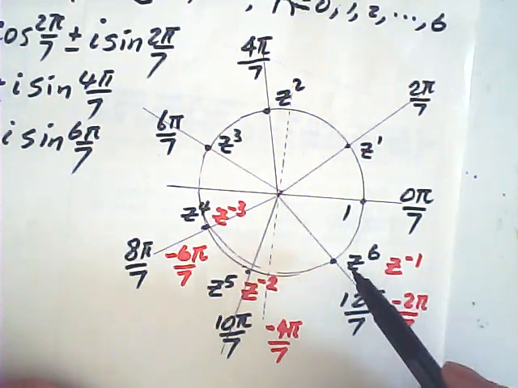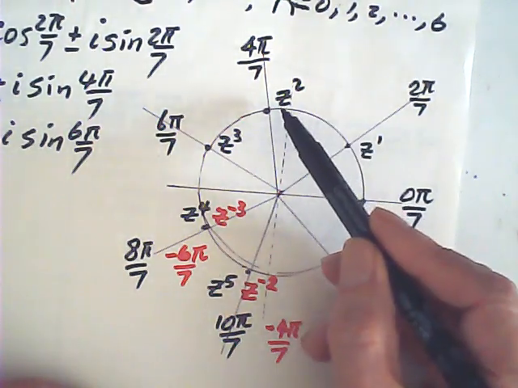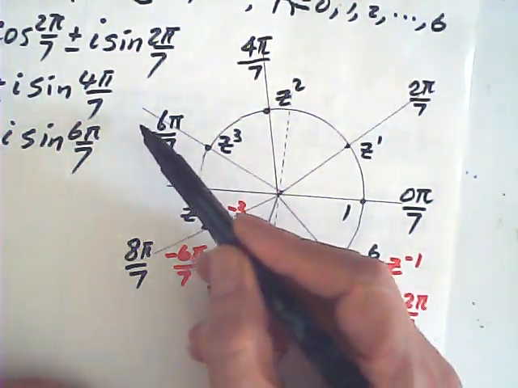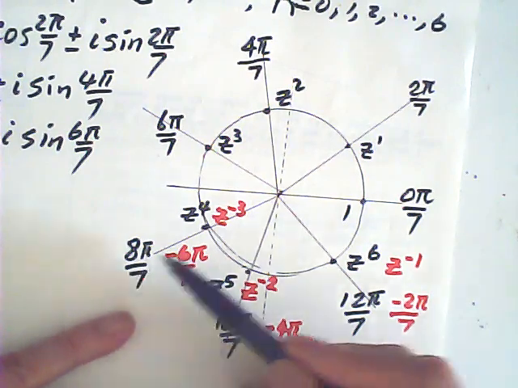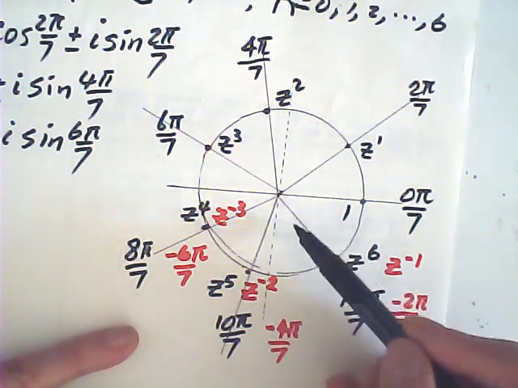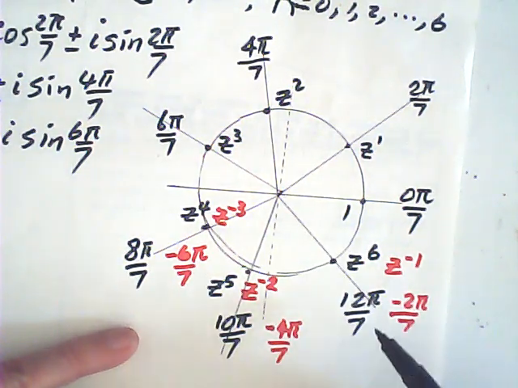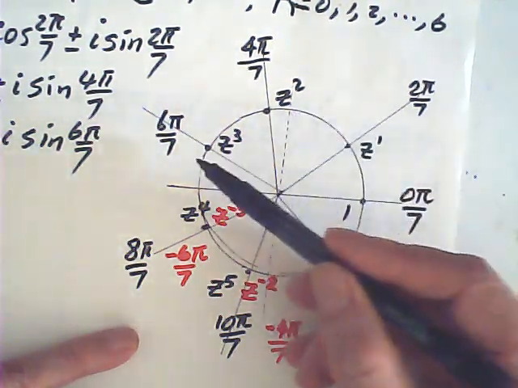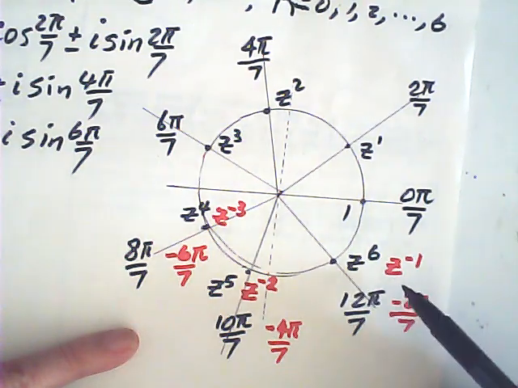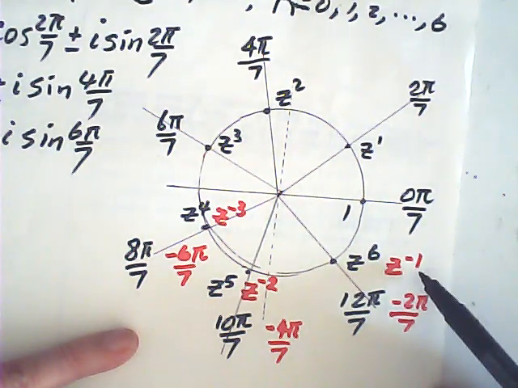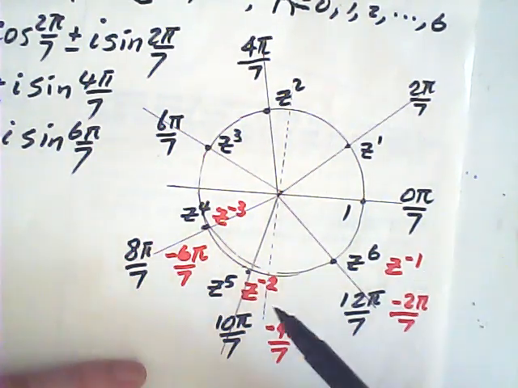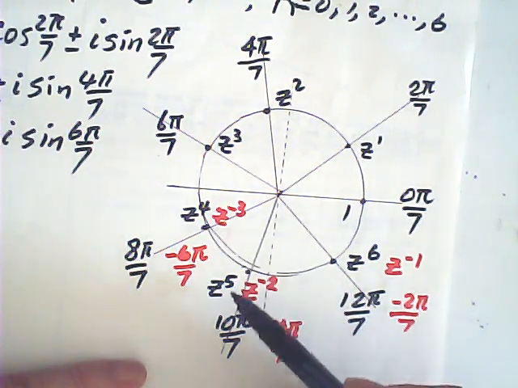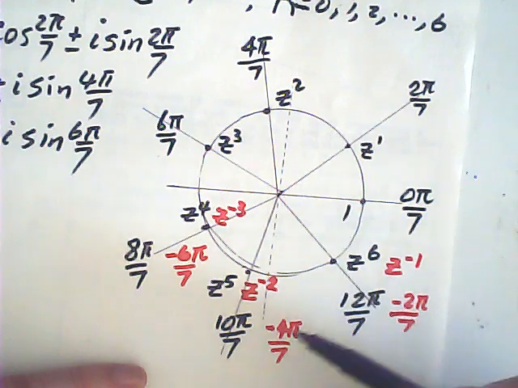And this is z squared, that is this one, z third, the fourth, the fifth, the sixth. But these are just the conjugates of 1, 2, 3, you know? So z^6 is actually z to the minus 1, z to the minus 2, this is minus 3, you know?